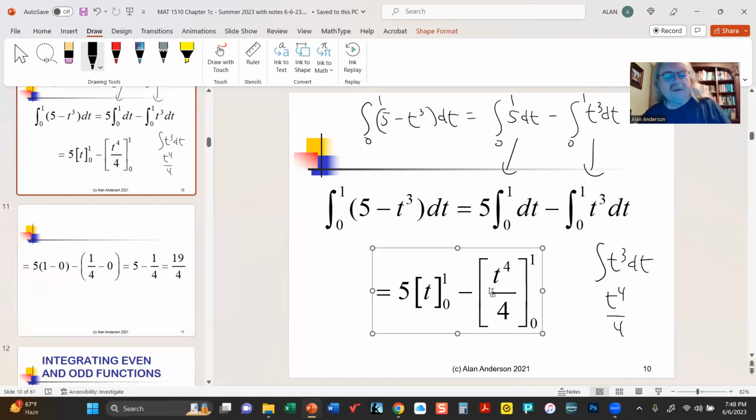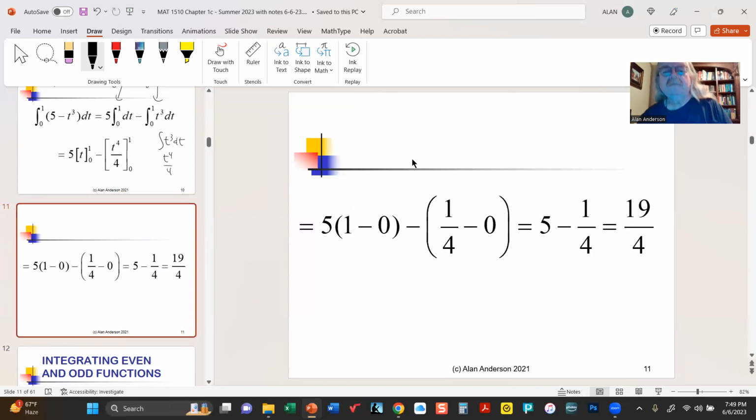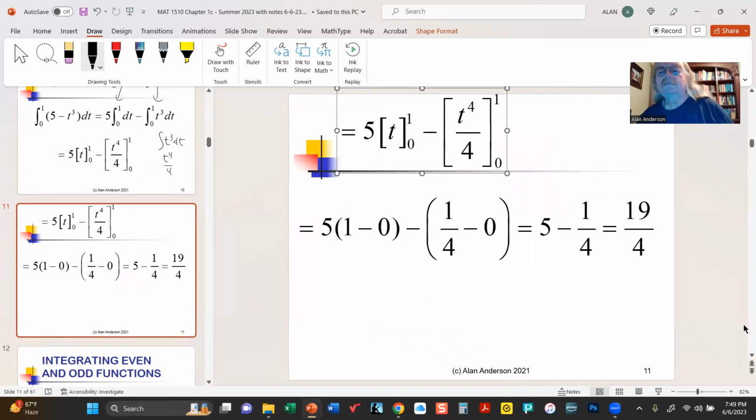Okay, let me just copy this into the next slide. For this one, t, we evaluate between 0 and 1. And here we have t to the 4th over 4. I guess I could have left the 4 here. It's clear that when you have 0 over any constant, it's just 0. So we end up with 5 minus a fourth.